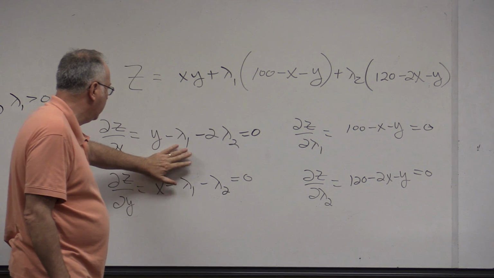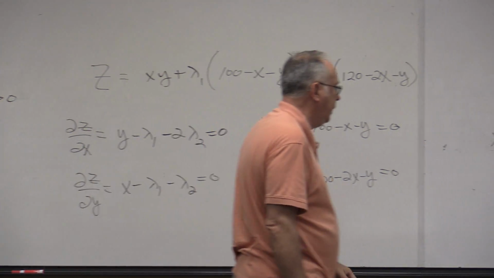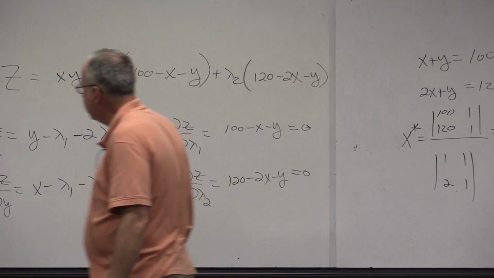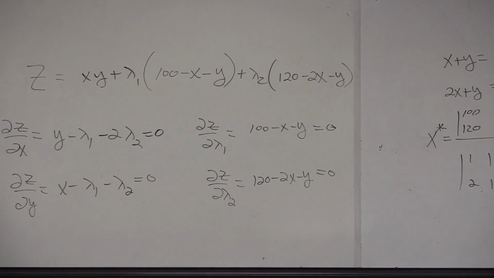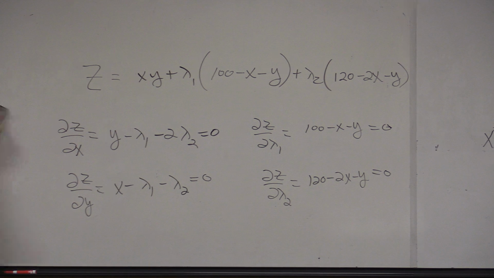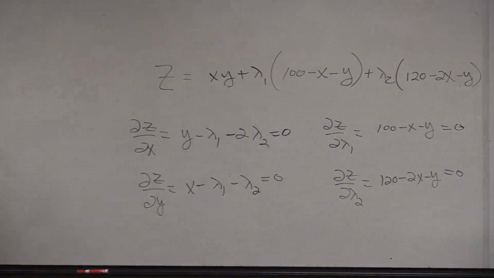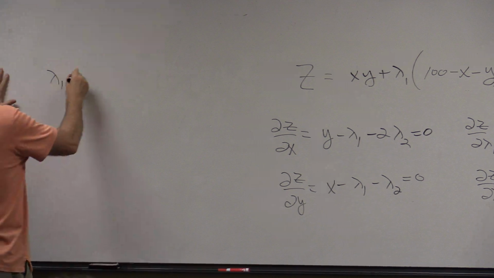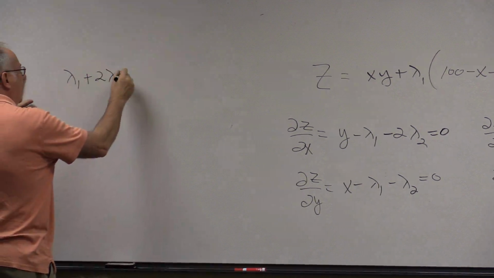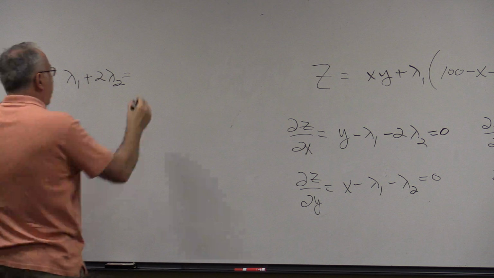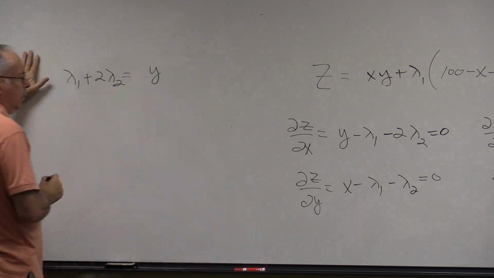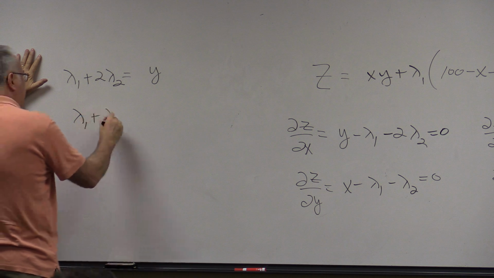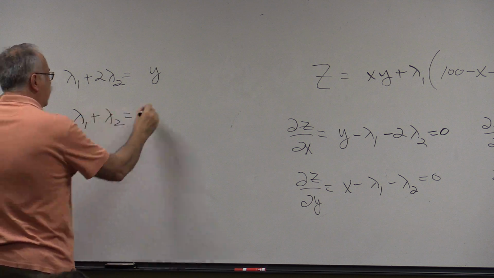Okay, so let's rewrite these equations right here. We're assuming these two equations hold exactly. So we could rewrite this as lambda 1 plus 2 lambda 2 equals y. Right, and the second one is lambda 1 plus lambda 2 equals x.